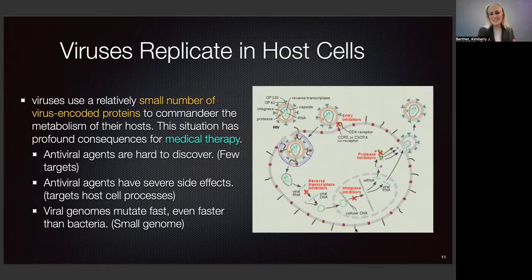Now, this unique pathogenic life cycle of viruses is really interesting because it can also be used for medical therapy. If we want to insert a gene in the genome, if we want to genetically modify, we could use the life cycle of a virus to genetically modify a cell.